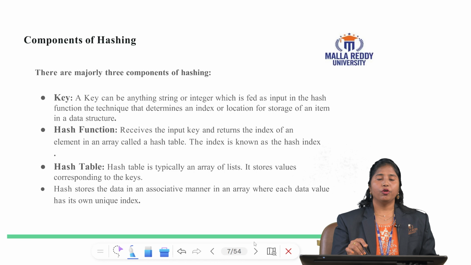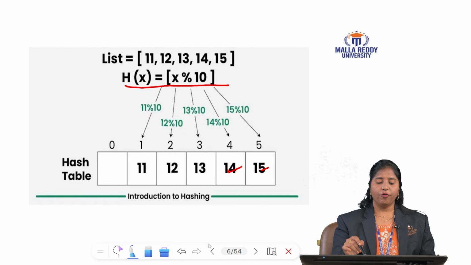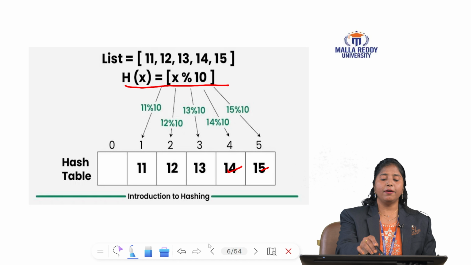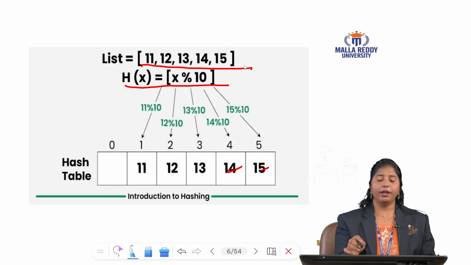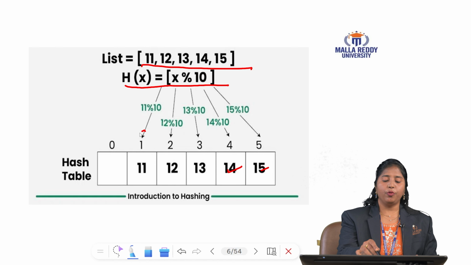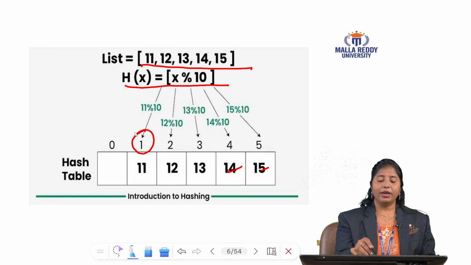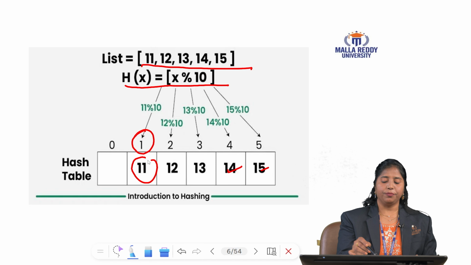In the above diagram, we have observed there are three components of hashing: the key, the hash function, and the hash table. What is a key? In the previous diagram, the key elements are 11, 12, 13, 14, 15. We have taken these as the input. These elements are put into the hash function, then the hash function produces an output, and according to this output we store the data in the hash table.